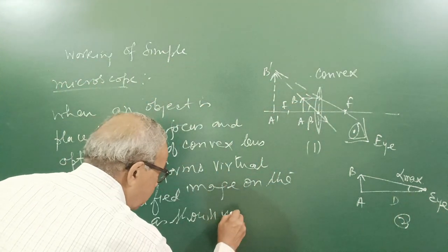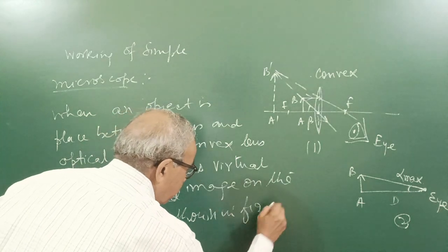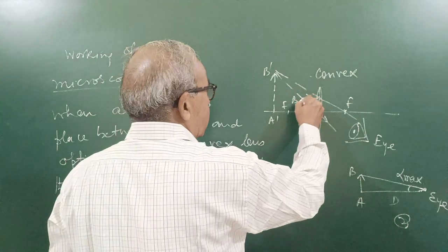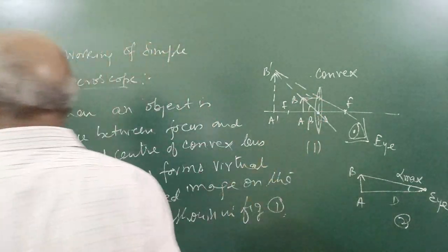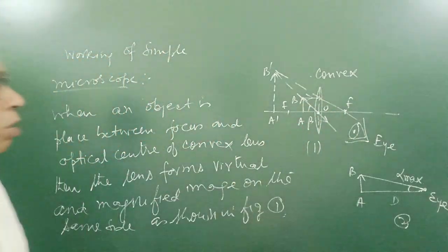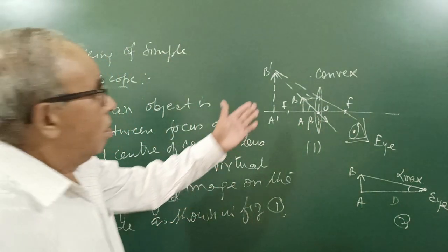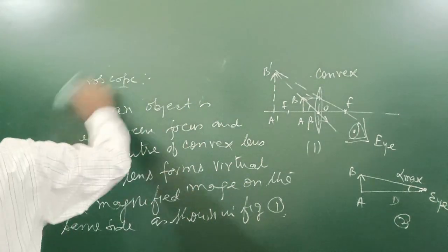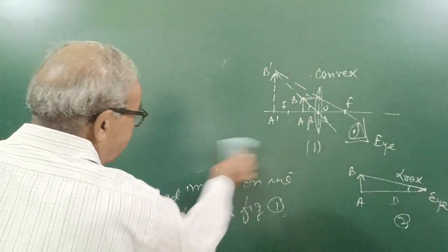As shown in the figure, AB is the object here, placed between optical center O and focus of the lens. Its magnified virtual image A dash B dash is there on the same side.